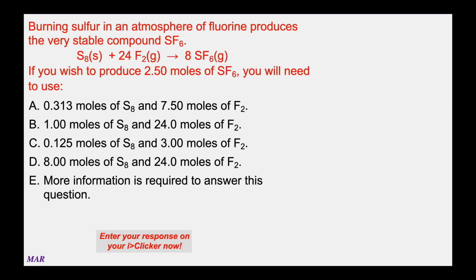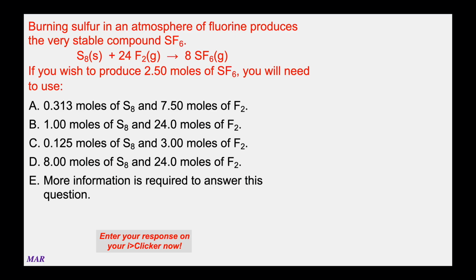How many moles of S8 and how many moles of F2 are we going to need? And from this information and that balanced equation, you can do it. You can use the stoichiometric factors to go from SF6 to F2 or whatever. See if you can do this on your own. Pause the video, and when you're ready, you can unpause it. So pause the video now.